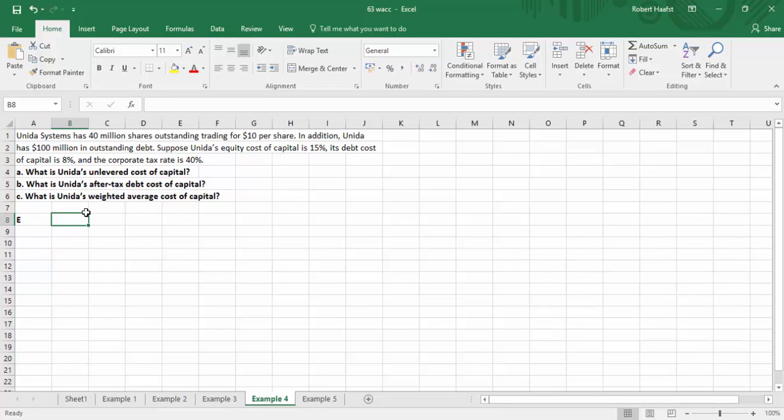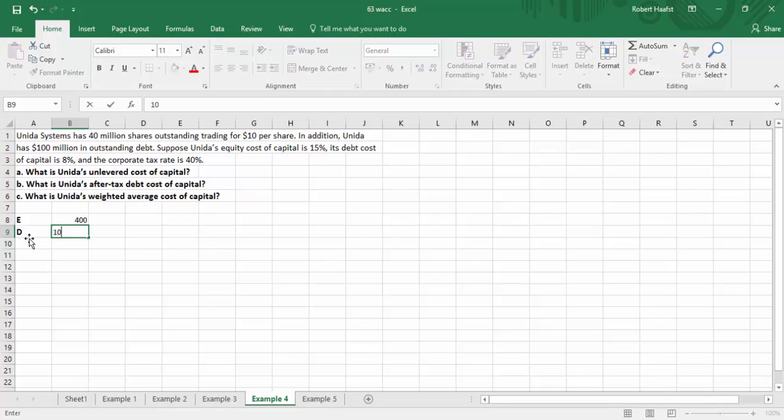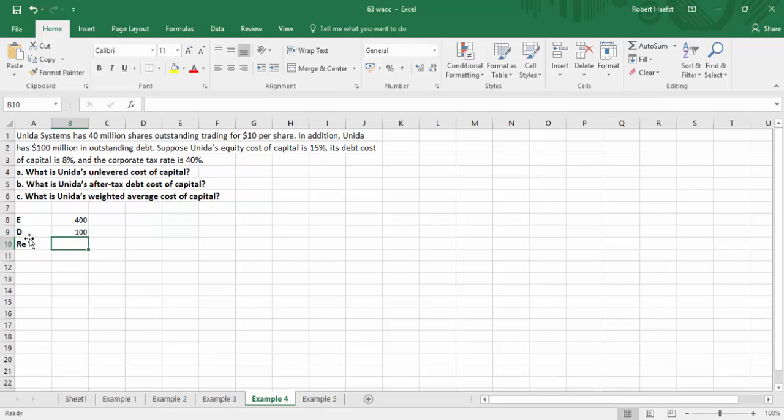What is our equity? Our equity is 40 million shares times $10 a share, which is 400 million. Alright? Our debt, we also know. It's 100 million. We know our cost of capital, which is 15%.